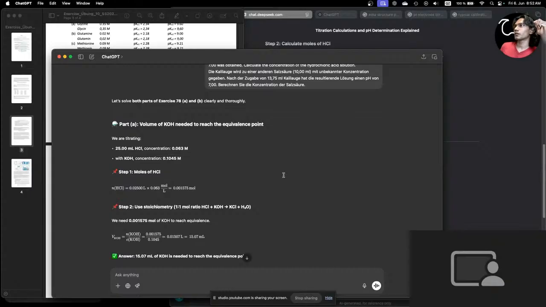That's the balanced equation, a 1:1 mole ratio. One mole HCl, one mole KOH gives one mole KCl plus one mole H2O. Okay, so that's the balanced equation.